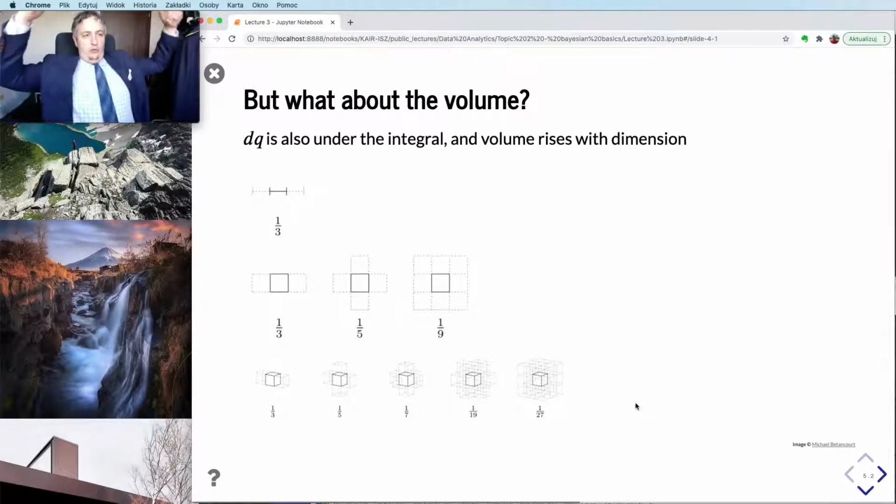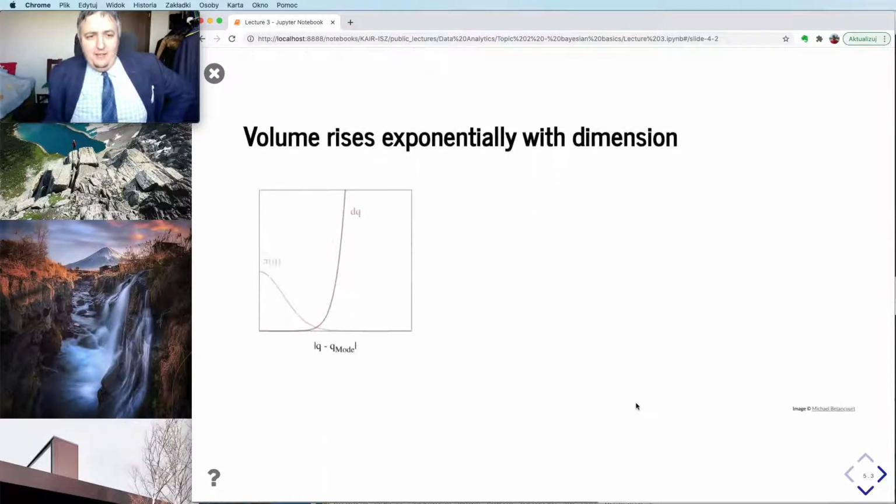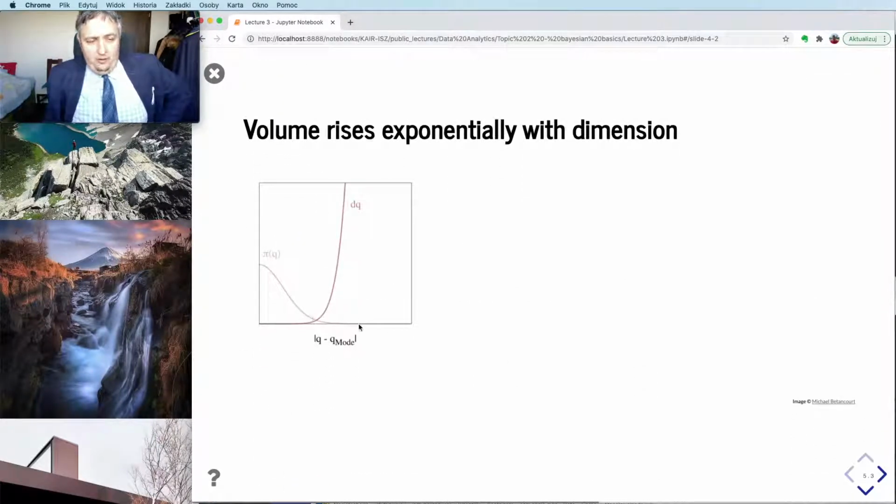So all those parts will be encapsulating more and more. So we have a lot of volume and we have small values of p, but we'll have a lot of them because there is one for each element of the volume. Because of that, this increasing volume will be problematic.